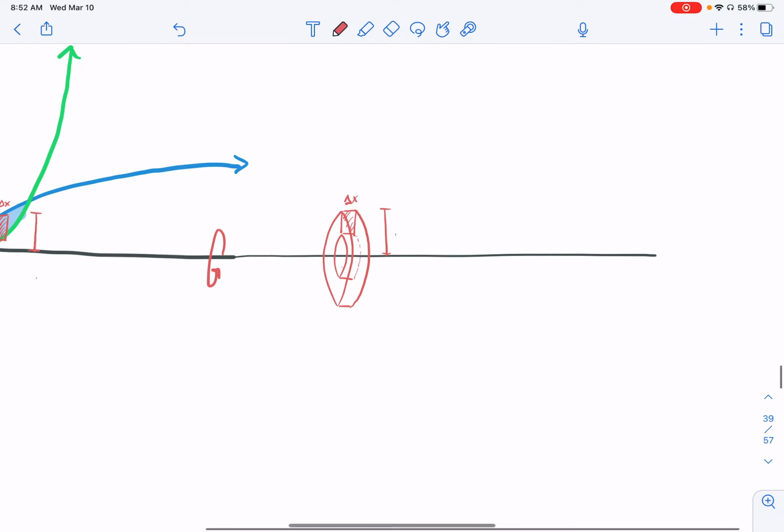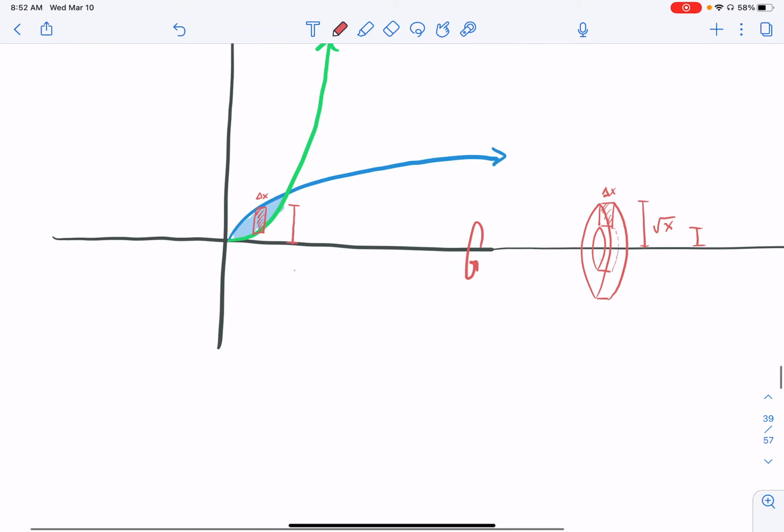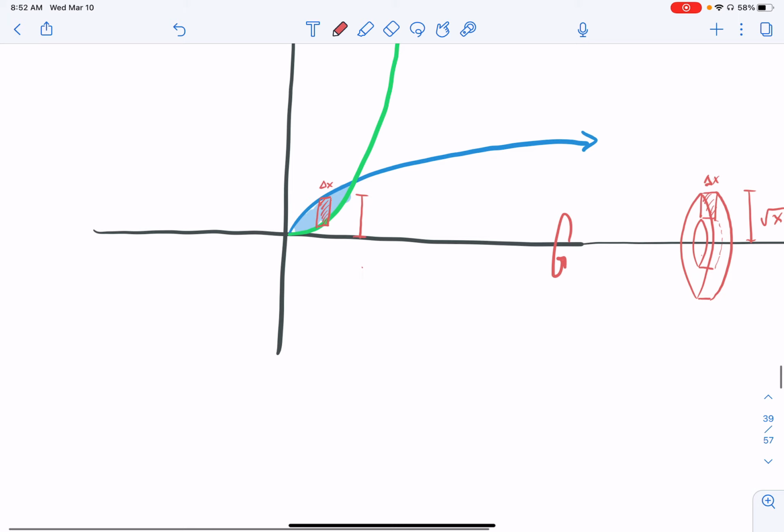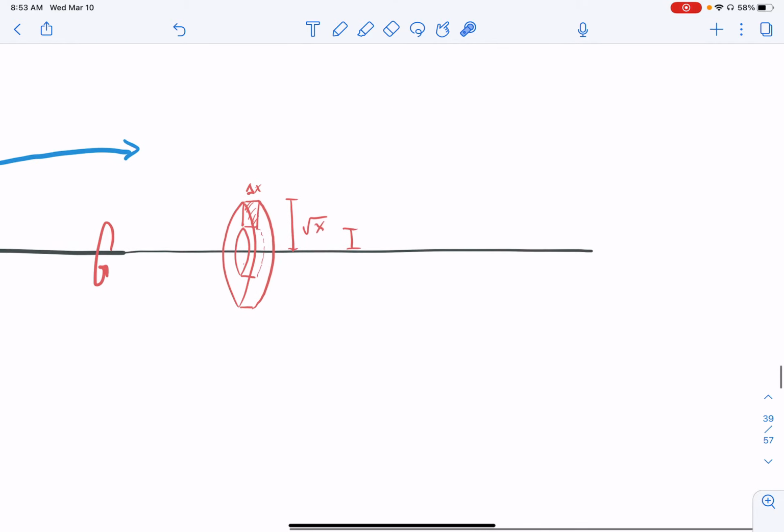So this outer one is the square root of x. And then the inner radius, I'm going to draw this in here. That's this distance from the x-axis up to the green function, which is x squared. So the inner radius is x squared.